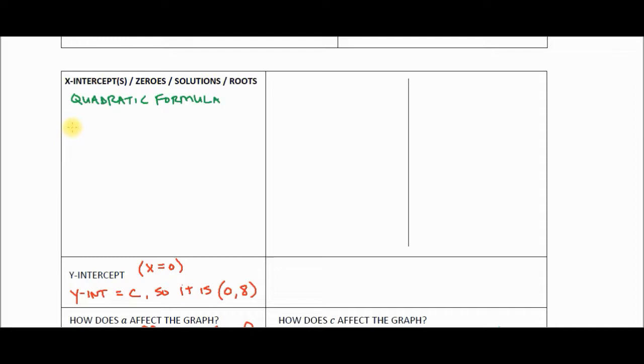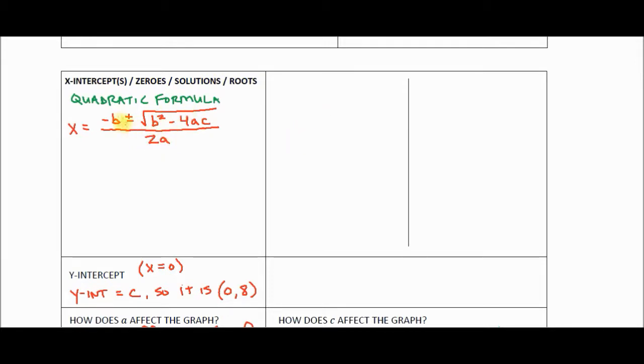The x-intercepts of a standard form quadratic can be found with the formula negative b plus or minus, meaning there could be two x-intercepts, the square root of b squared minus 4 times the value of a times the value of c. And this whole thing is our numerator, and our denominator is 2a.